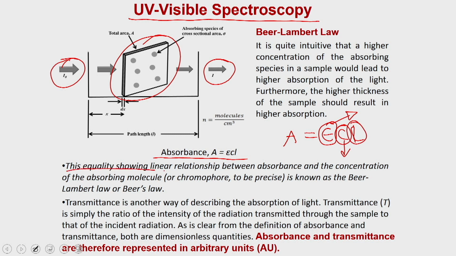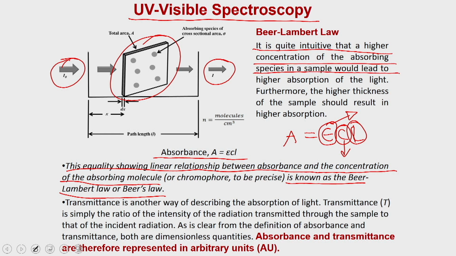This equation showing a linear relationship between absorbance and the concentration of the absorbing molecules is known as the Beer-Lambert law or Beer's law. It is quite intuitive that a higher concentration of the absorbing species in a sample would lead to higher absorption of light.